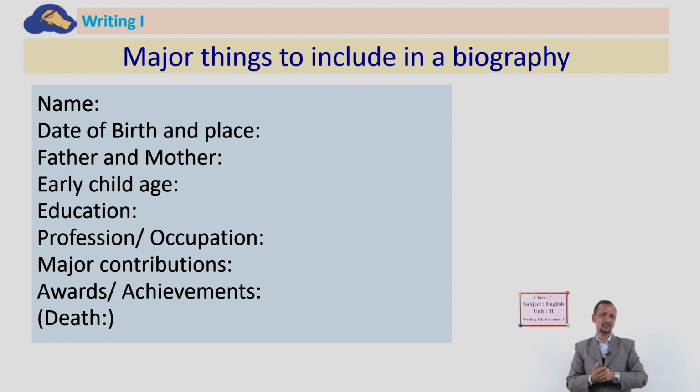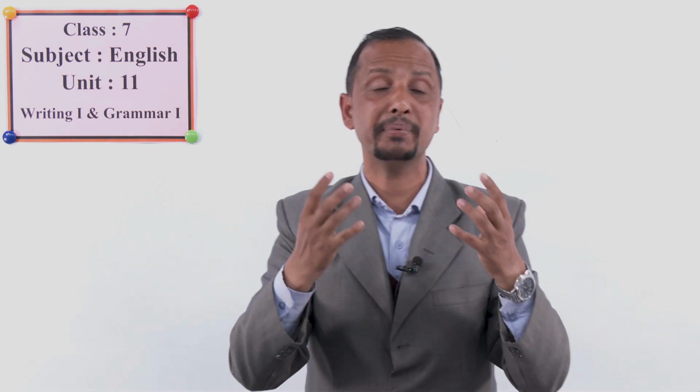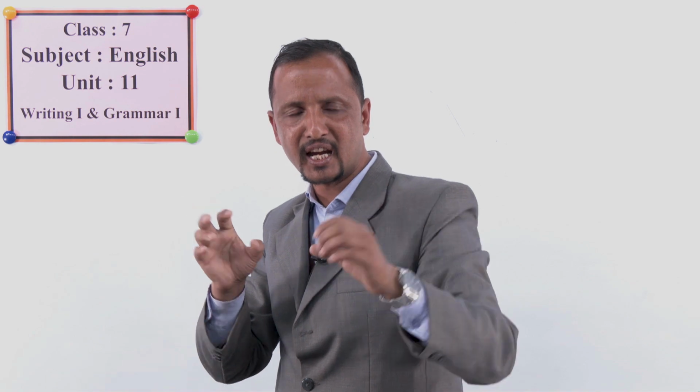Now, the major things to include in our biography, we have taken out from the text that we have just read. All right. Now, how do we have to organize? From which part of the text did we get these kinds of points?